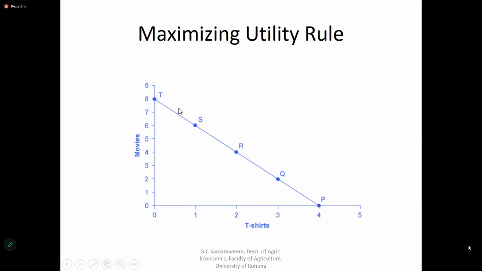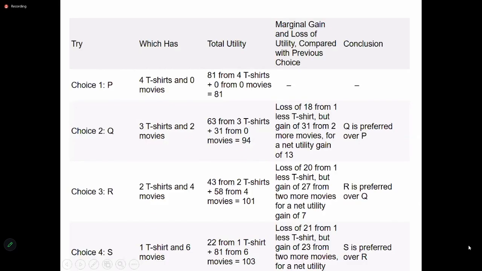Continuously, when you move from T to P, you are gradually sacrificing the purchase of movies and instead buying t-shirts. So these are the concepts you need to remember. Of course, these give more explanation of total utility and marginal gain and loss.